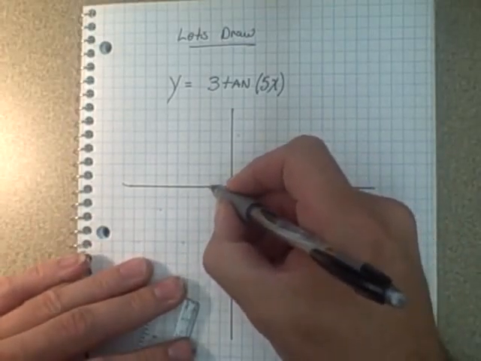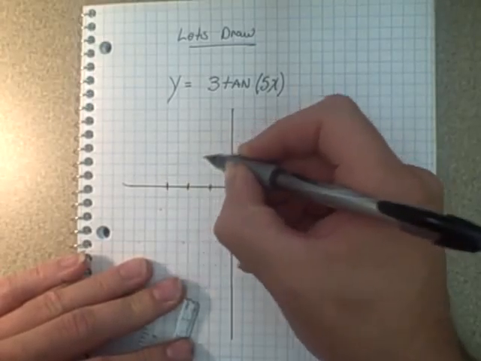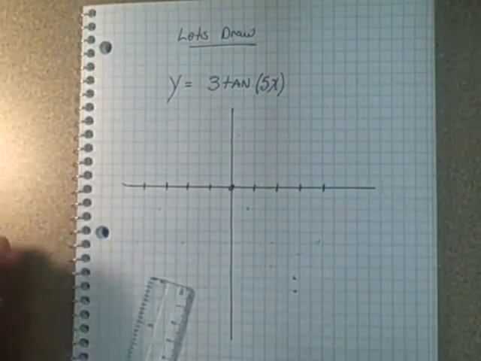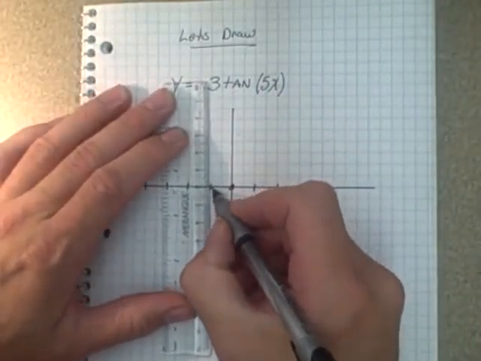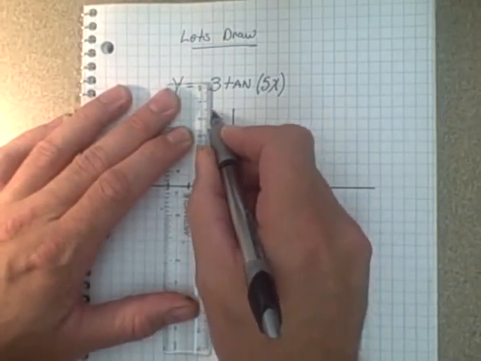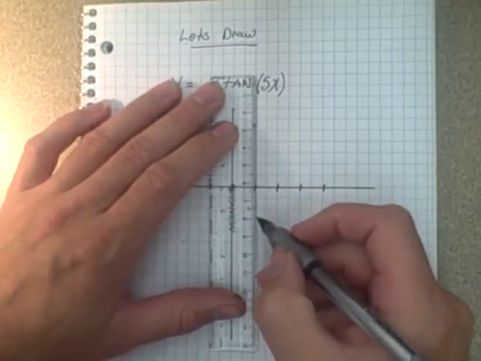Well, actually, we probably won't need as many for this one because with this one, we're going to do more periods. But we know the regular tan graph has an asymptote here, and an asymptote here.